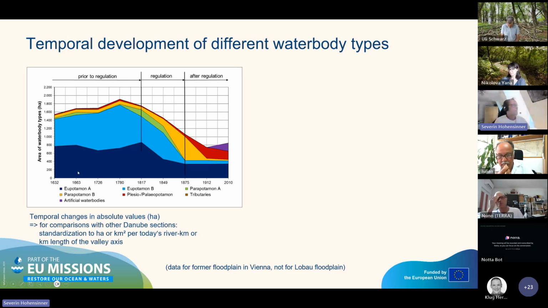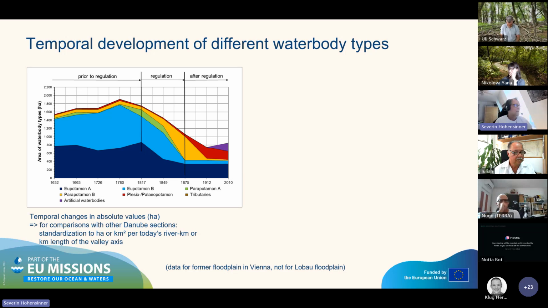We calculate based on our reconstructions the different types of water bodies, here in hectares, and we see prior to regulation, during regulation, after regulation, and you see the decline of the aquatic habitats altogether, and the change in the composition of the water bodies.